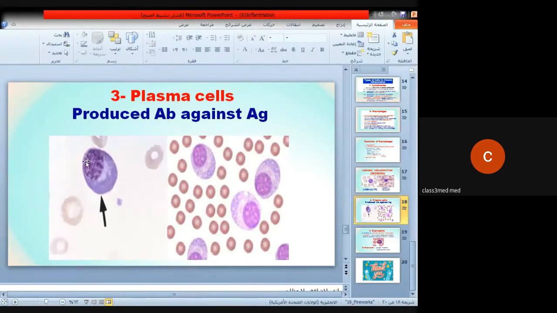As you see, the plasma cell has a round eccentric peripheral nucleus with coarse chromatin and cartwheel distribution, like a bicycle wheel, with spokes. And abundant bluish cytoplasm. See the plasma cell: one nucleus, and these are all mononuclear cells, mostly.